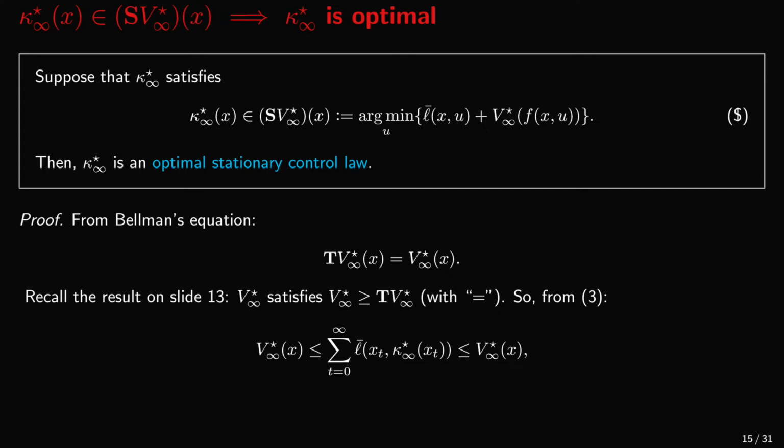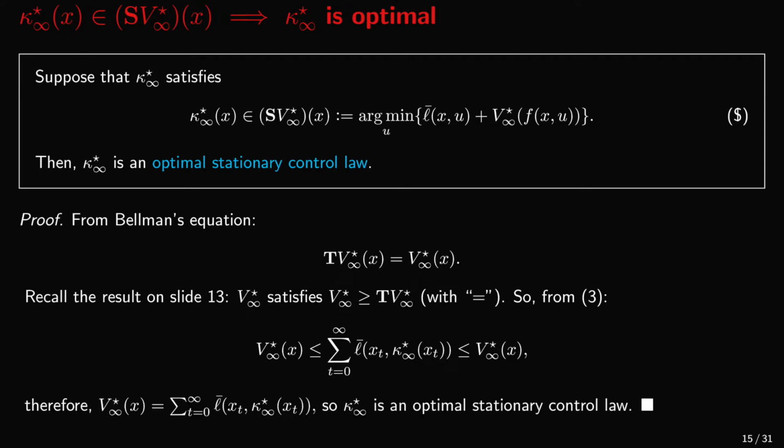So using the performance bound result, we have that v infinity star is less than or equal the infinite horizon cost with the controller kappa infinity star, which is less than or equal v infinity star itself. As a result, v infinity star is equal to the infinite horizon cost with the controller kappa infinity star. And this means that kappa infinity star is an optimal stationary control law.